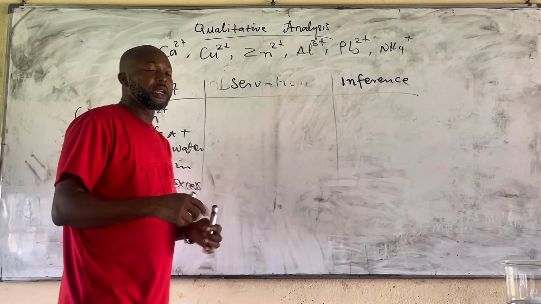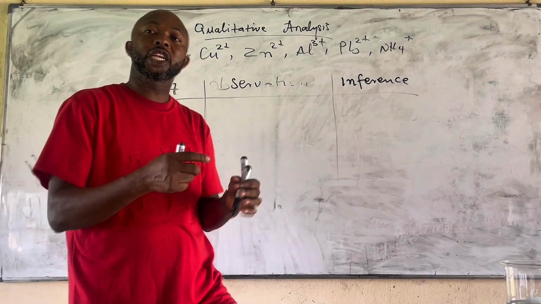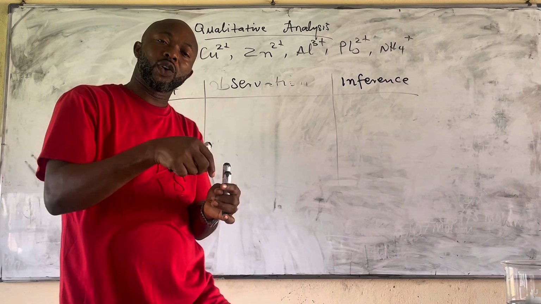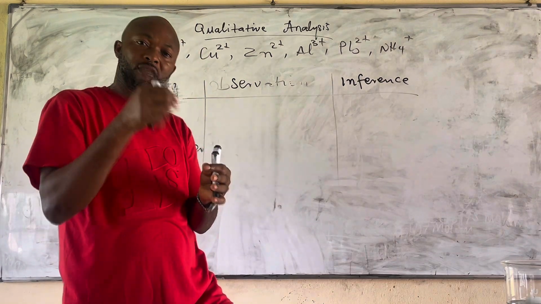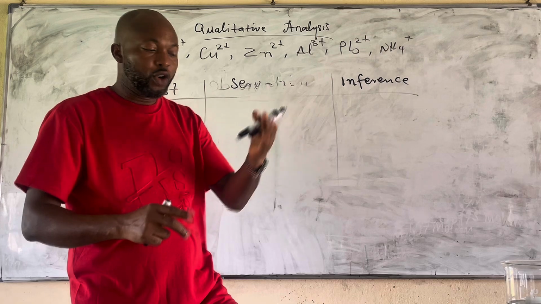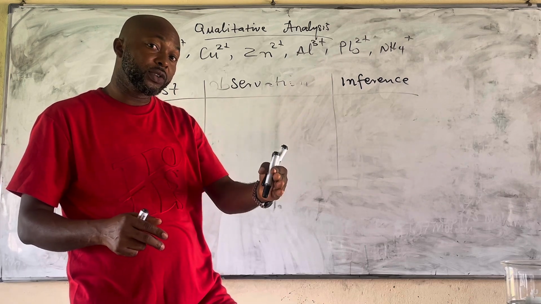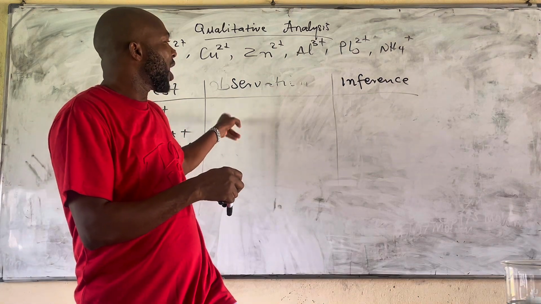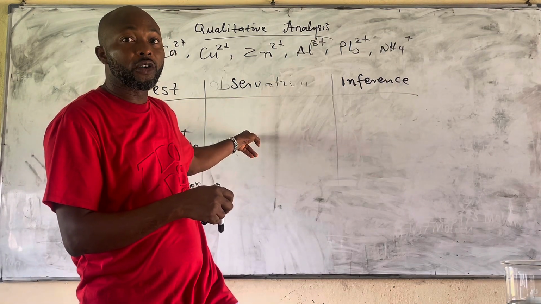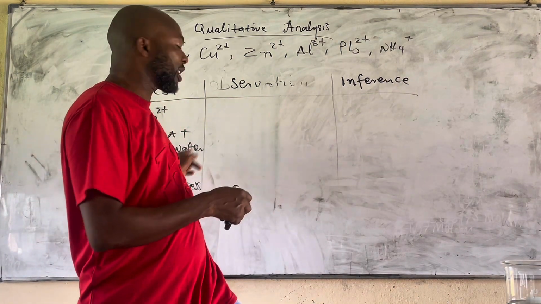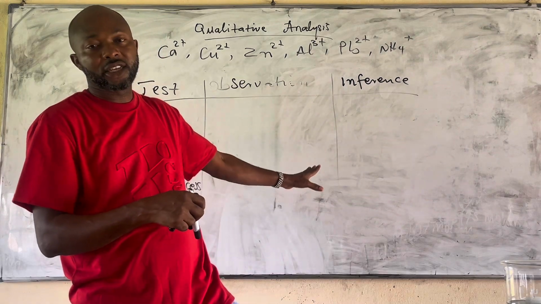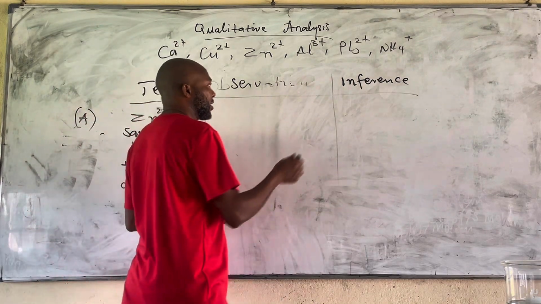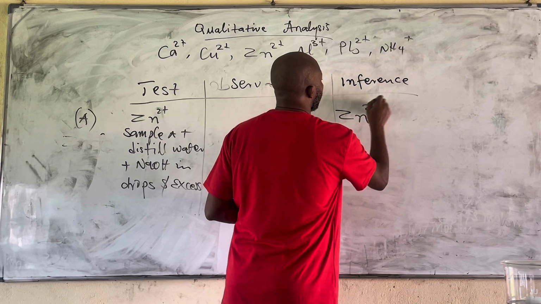So, the test tube containing that salt, when you add your sodium hydroxide dropwise, you observe nothing happens. Then you add the sodium hydroxide in excess. The white gelatinous precipitate will dissolve in excess of this sodium hydroxide solution. That is it. And you will now say, inference: you have zinc 2+ present.